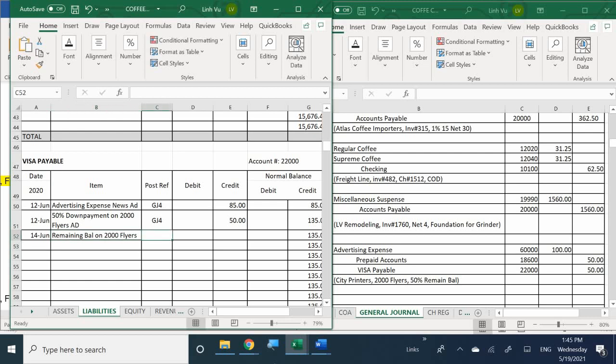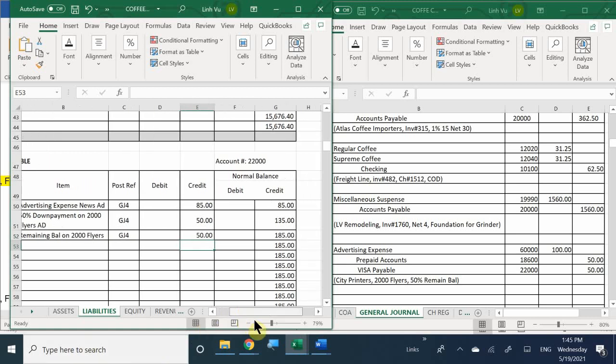Then, once again, GJ4. We charged our credit card an additional $50, bringing my total account balance to now $185.